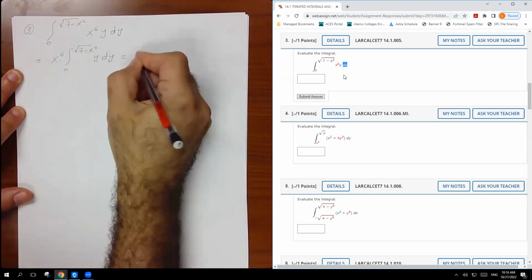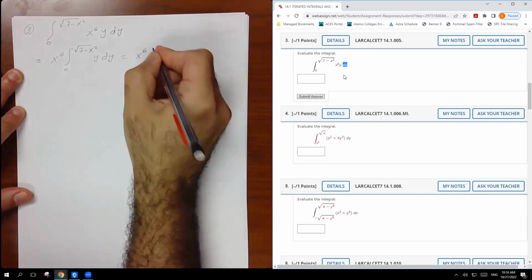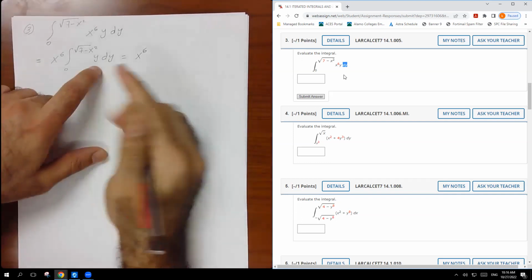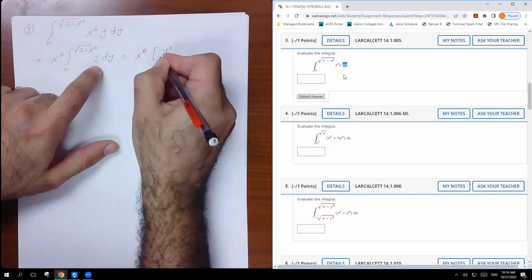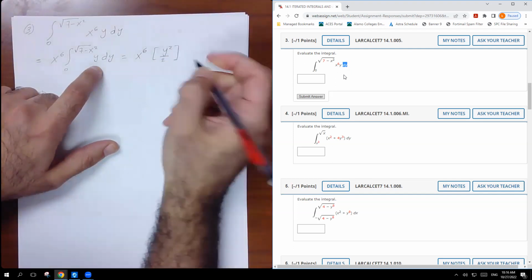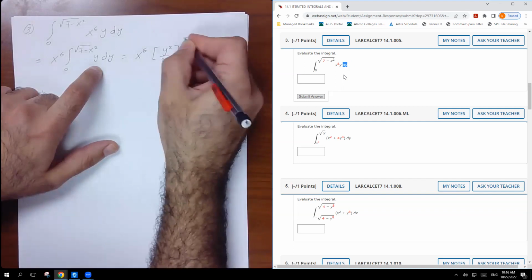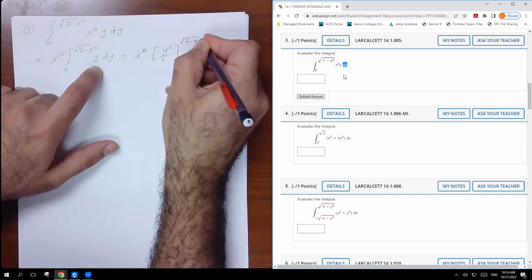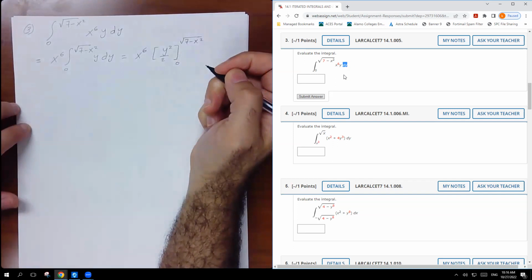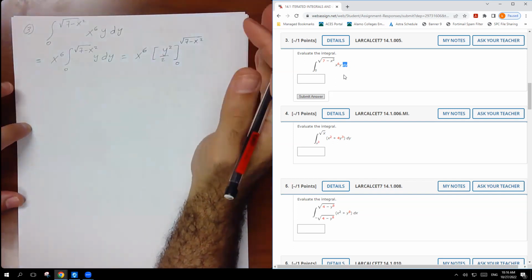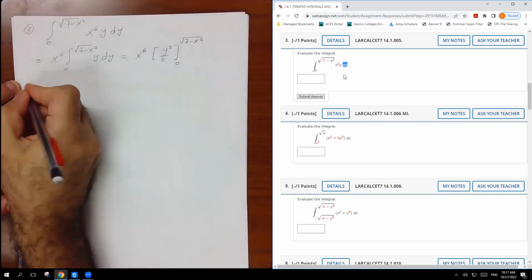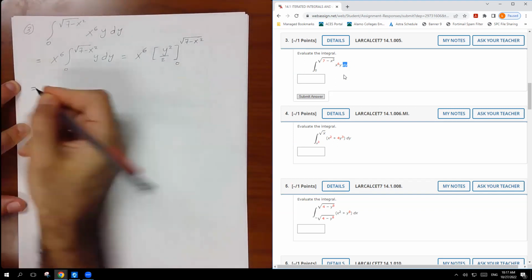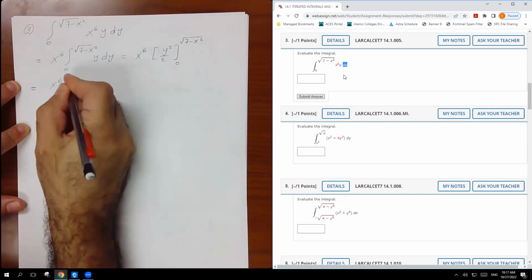And this one is going to be equal to x to the power 6. Let's do the integral for the y. So it's going to be y squared over 2, from 0 to the square root of 7 minus x squared. Now we just have to plug in the numbers. Here's x to the 6.